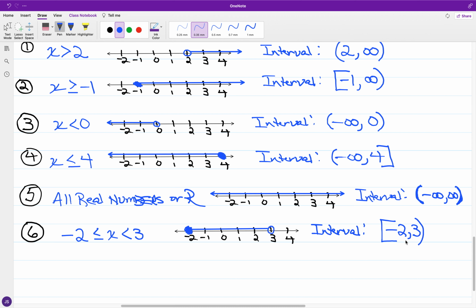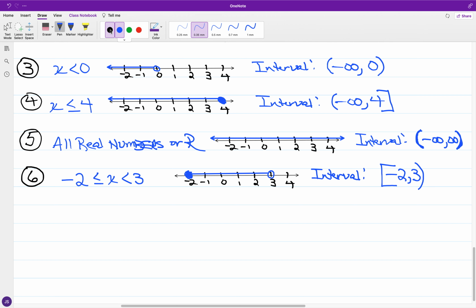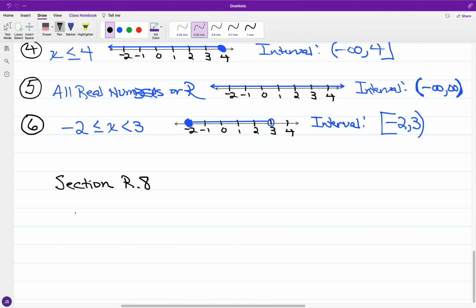And just for what we have in the case of section R8, we're going to have what will run parallel to a lot of the linear equations we have encountered, but instead of the equal sign, we're going to have statements like greater than, less than, greater than or equal to, less than or equal to.